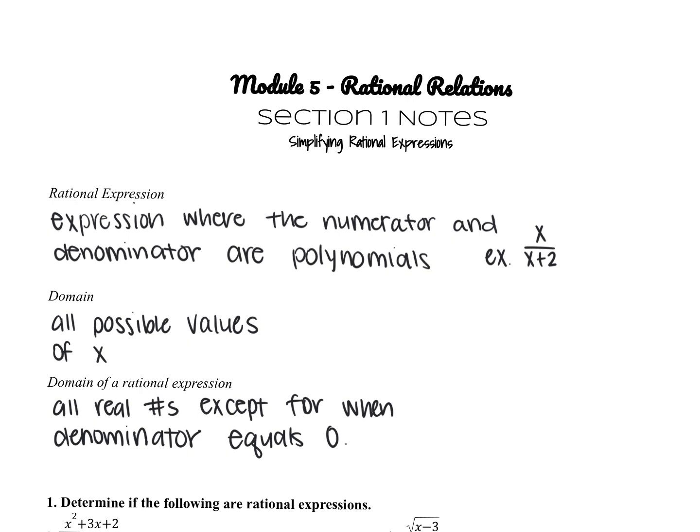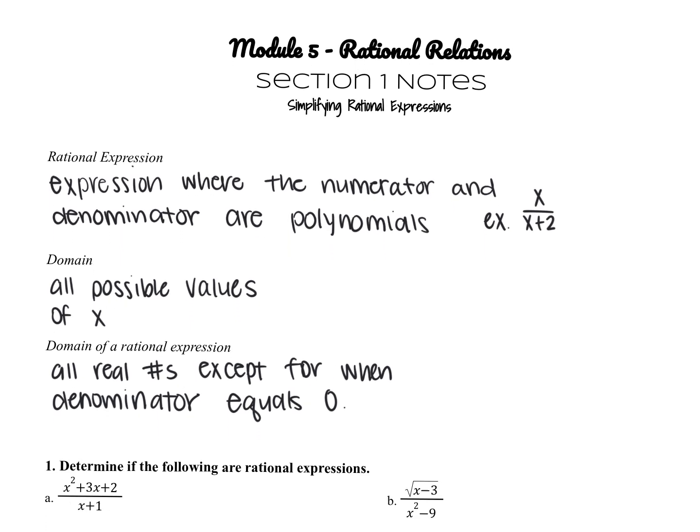Because you remember back when we talk about dividing with fractions, I can't divide by 0. So for a rational expression, if you're looking for its domain, you need to figure out when the denominator equals 0. And then it's every number except that.